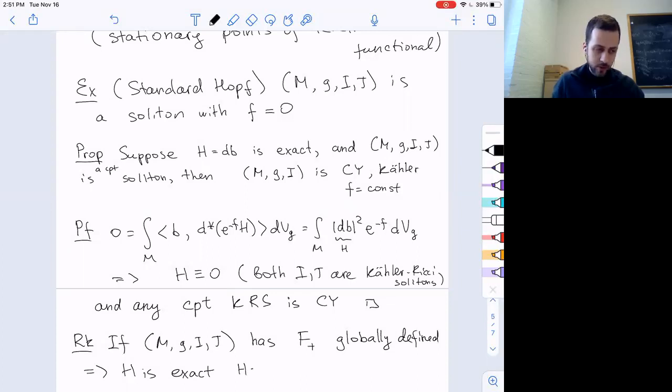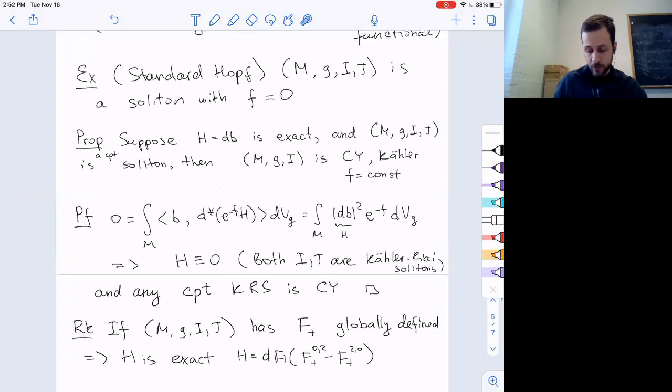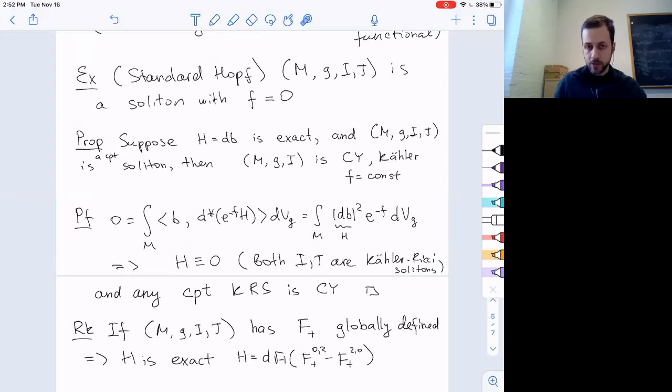You can actually show that H, so I'll try to write down, I hope I didn't mess up with signs. Okay, anyway, up to sign, it's 0, 2 minus 2, 0 with respect to I. Which means that if you have a symplectic type generalized Kähler structure, then you have only trivial solitons. So you don't have any interesting solitons.